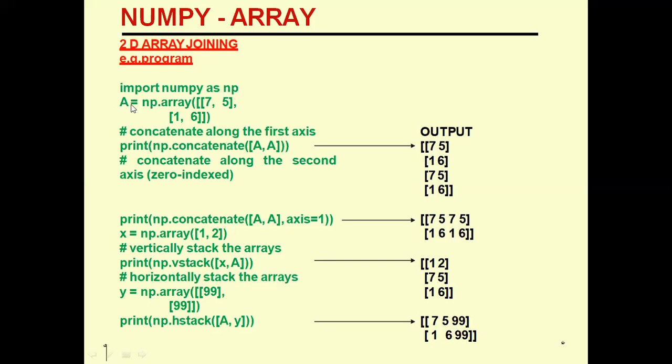So a equal np dot array. From NumPy, the temporary name given is np. Here a is the variable name, the array name, and equal is the assignment operator.